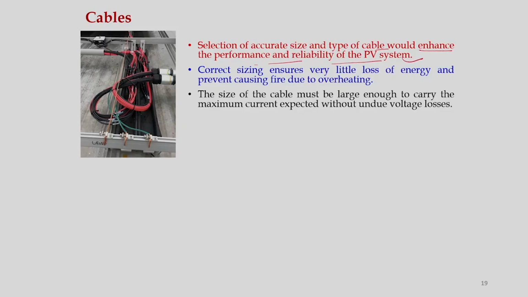The correct sizing ensures very little loss of energy and prevents fire due to overheating. The size of the cable must be large enough to carry the maximum expected current without undue voltage losses.